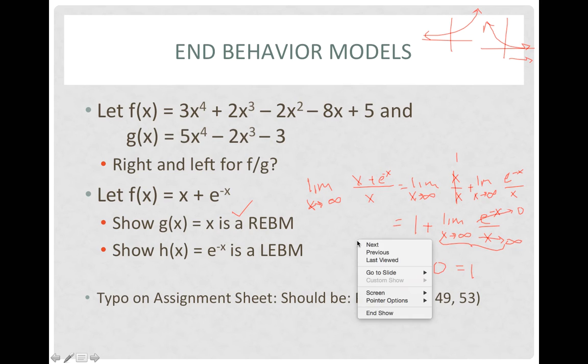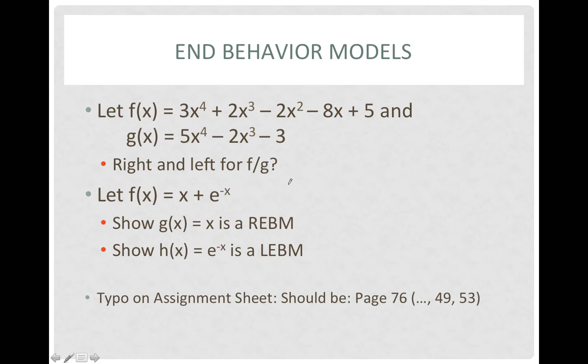So likewise, we are going to show that e to the negative x is a left end behavior model. So we need to know what is the limit as x approaches negative infinity, in this case, of x plus e to the negative x over e to the negative x.